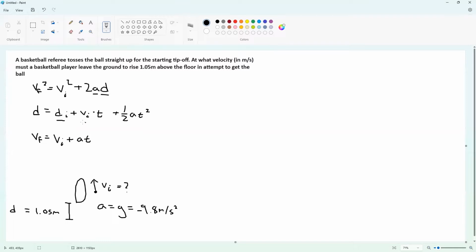Our initial velocity, we do not have. Do we have the time? We don't have time. Too many missing variables here. We're missing a lot of variables to use any of our kinematic equations.